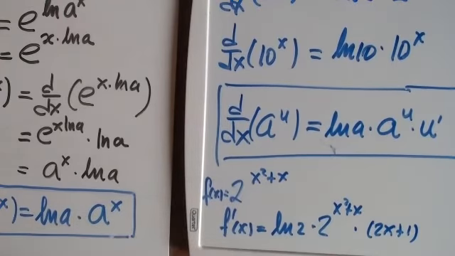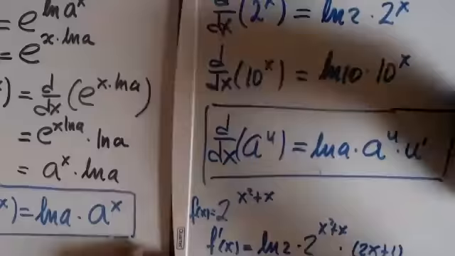And this is the derivative of this function. So it's not really difficult to get derivatives of exponentials, right? As you see. Okay. Any question or problem with this? I guess it's very simple.